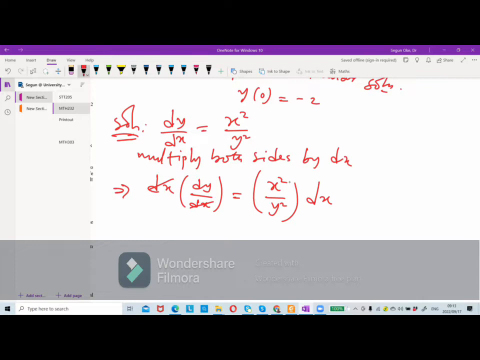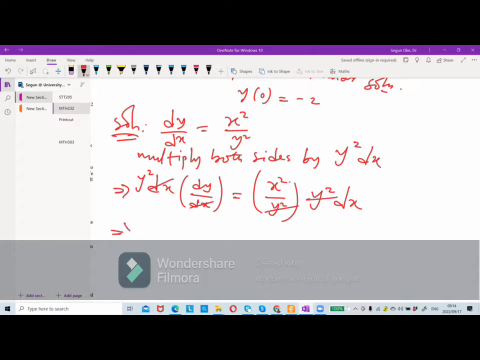Maybe I should say multiply both sides by y squared dx. Let me change this one by saying y squared dx. I will explain later. Multiply both sides by y squared dx. You agree with me? This will go with this one.